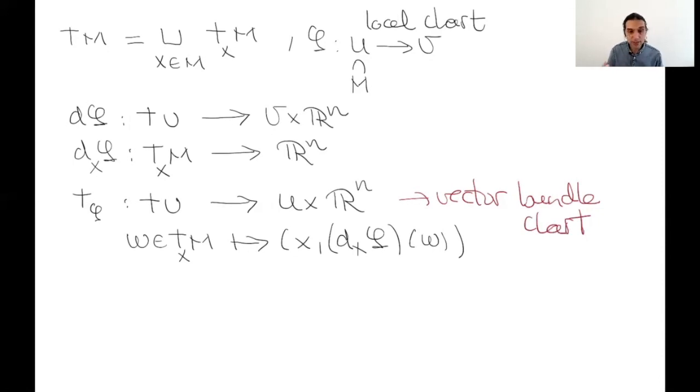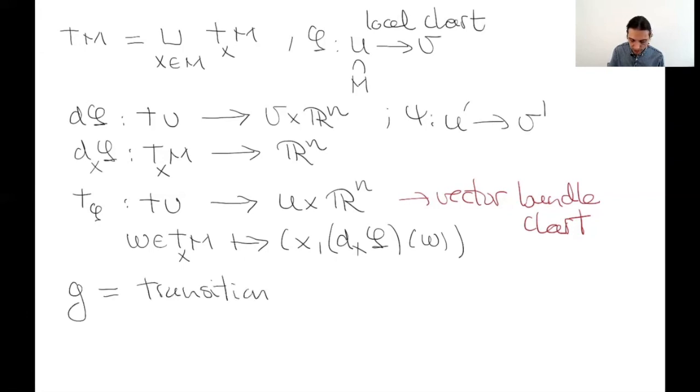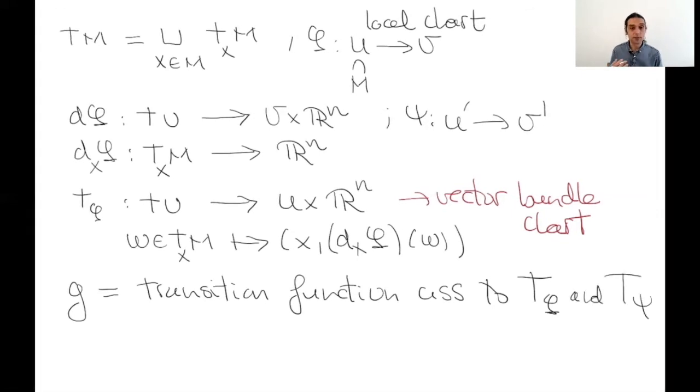And we have to consider now, if we have two different vector bundle charts, the transition function. So we consider another local chart, psi from U prime to B prime, and consider G the transition function associated to the two vector bundle charts T phi and T psi, right?